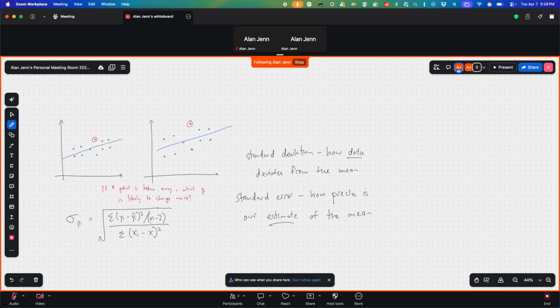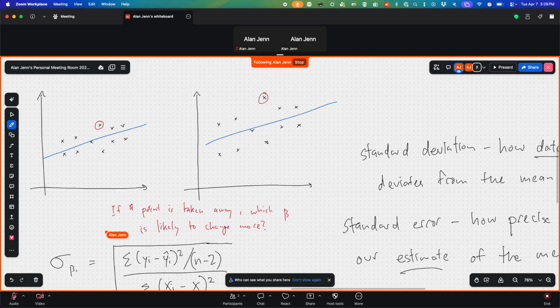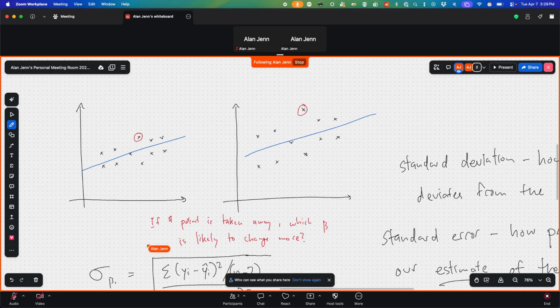And to further reinforce what I'm talking about here, when we think about our estimate of the blue line, maybe if I remove that point, the line might look something like this, or it might look something like this, right? So as you think about how the data varies, I might have some estimates of my line that might be a little bit different.